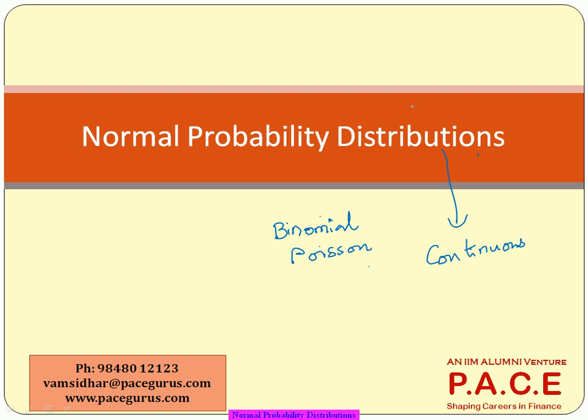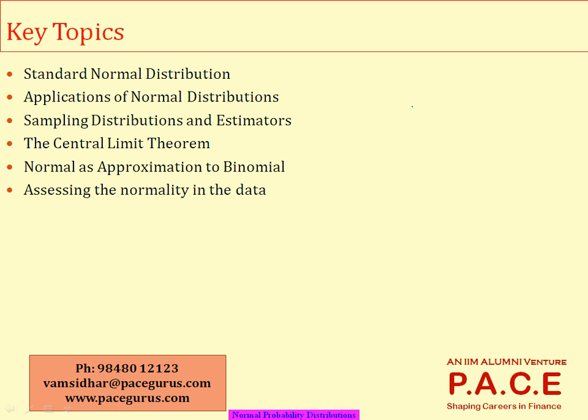Because there are lots of applications that depend exclusively on normality in the data, understanding the normal distribution becomes the key factor. So in this chapter, let's deal with some of these aspects.